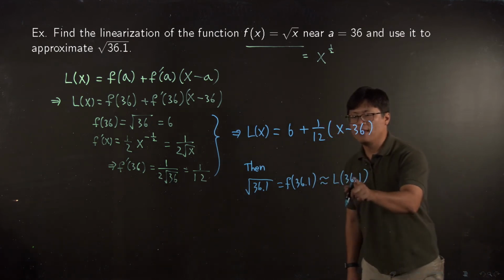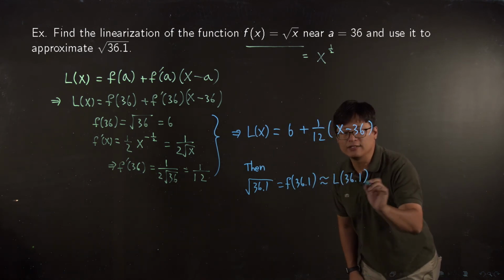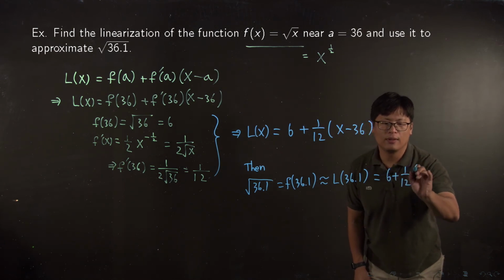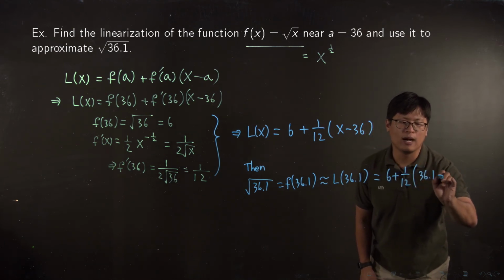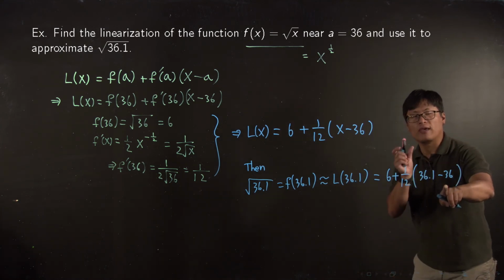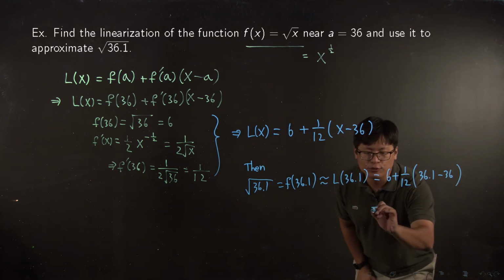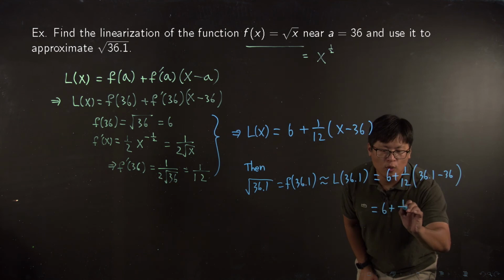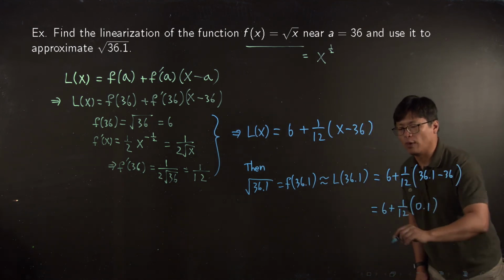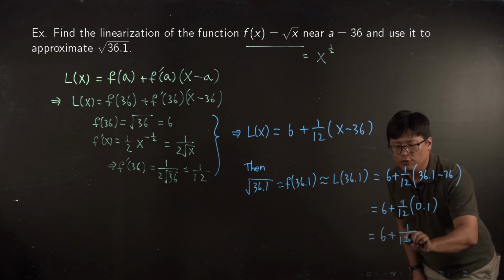Then just plug in 36.1 into my linear approximation L, which is equal to 6 plus 1/12 times 36.1 minus 36. But keep in mind, this value must be small. If it is too big, then it is not a good approximation. It is equal to 6 plus 1/12 times 0.1, which is 1/10. So that is 6 plus 1/120.